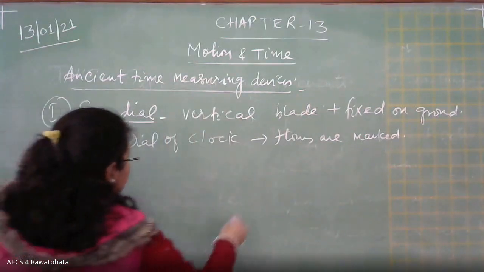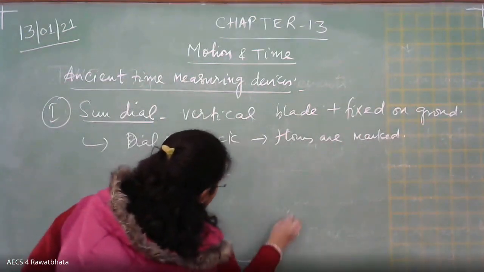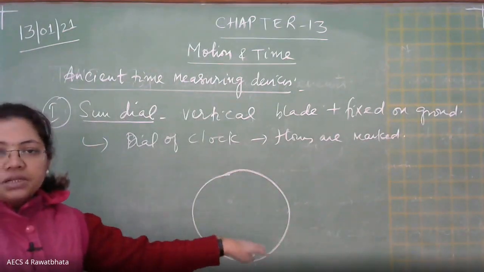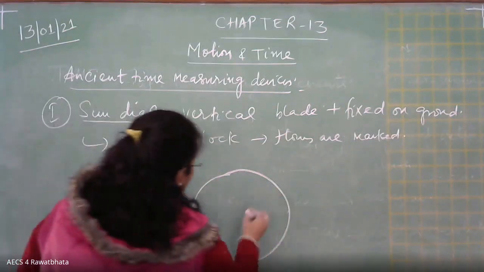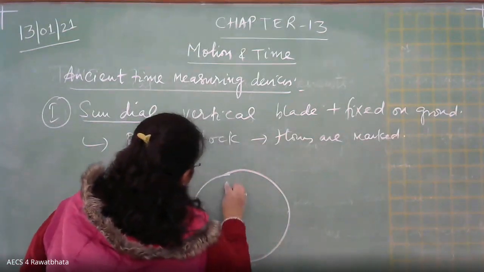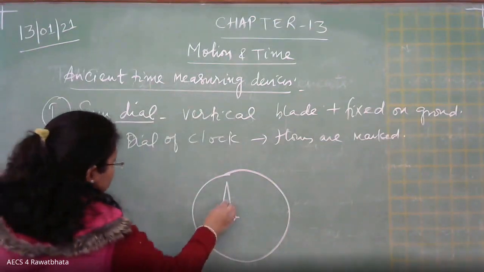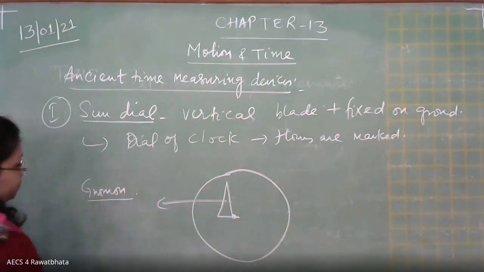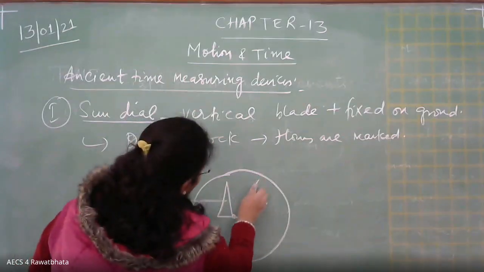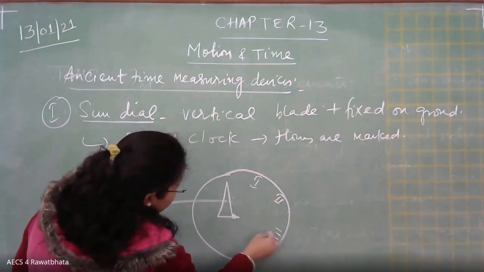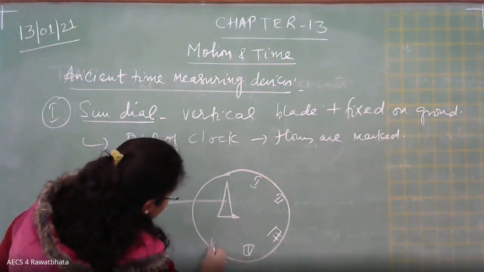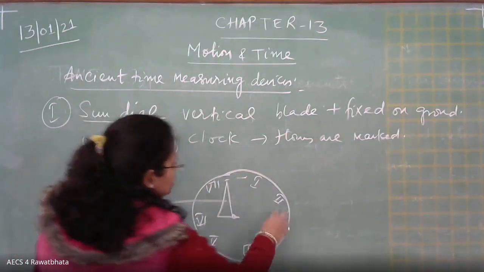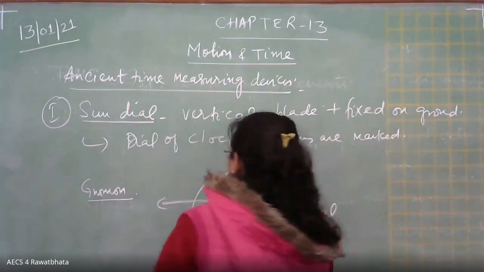They marked a circular surface on an open ground, and somewhere in the center they used to have a vertical blade, and this we call the gnomon. And here we used to have the marking of the hours like this. So this used to be the dial.